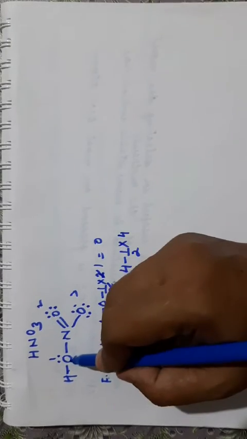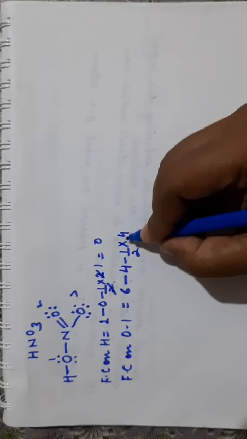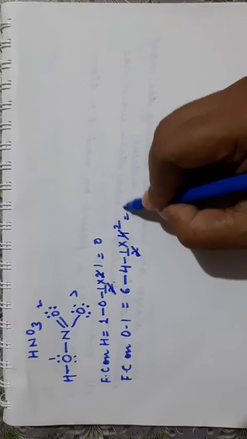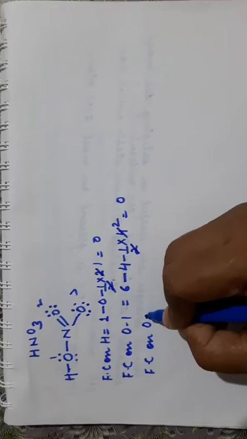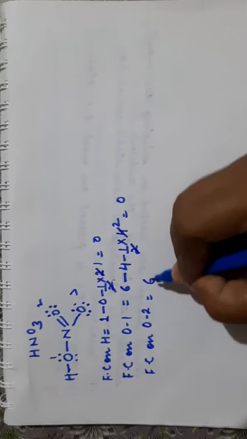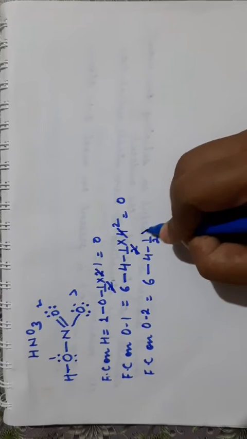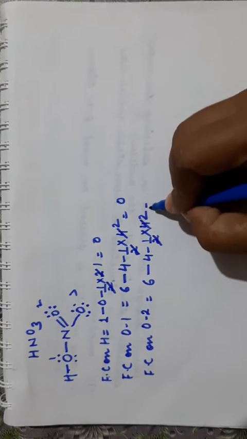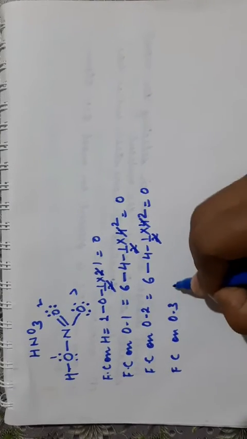Because this oxygen is sharing 2 electrons on its side, total bonding electrons are 4. So it is 0. Formal charge on oxygen 2: 6 valence electrons, non-bonding electrons are 4, minus half into bonding electrons, again 4. So it is 0.